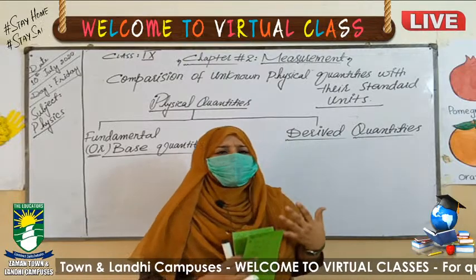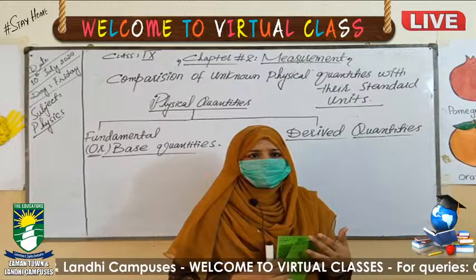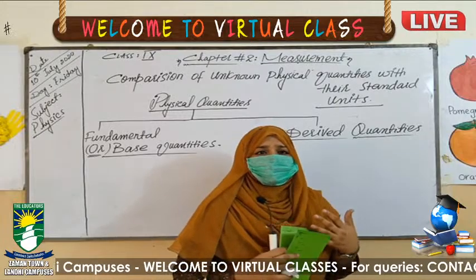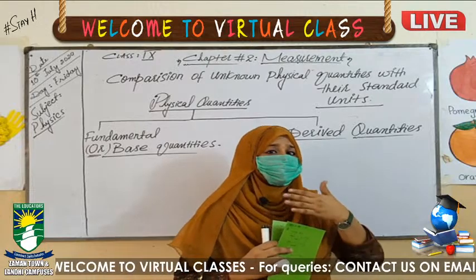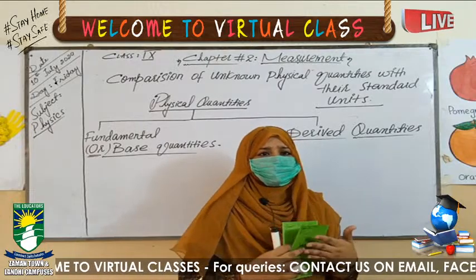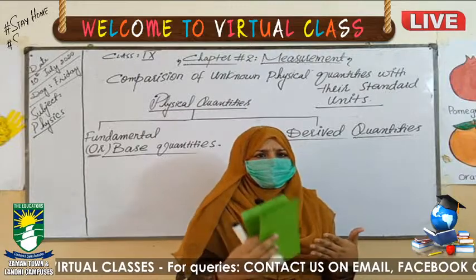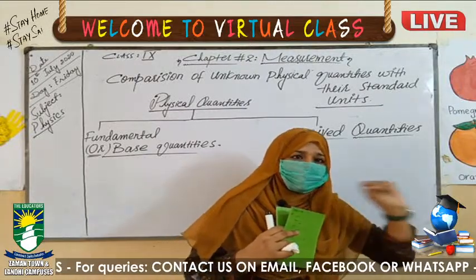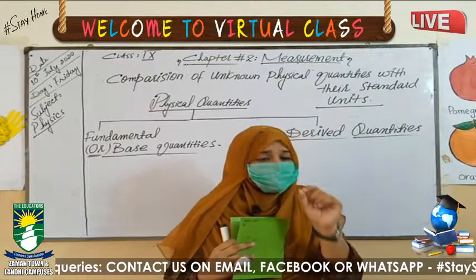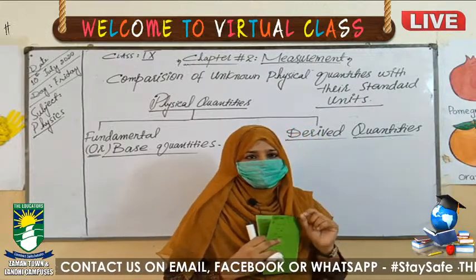Similarly, if we have to purchase cloth, we purchase the cloth in meters. Means we purchase like 2 meter cloth, 3 meter cloth, 1 meter fabric. So this 1 meter is basically the length, and length is basically a measurement.